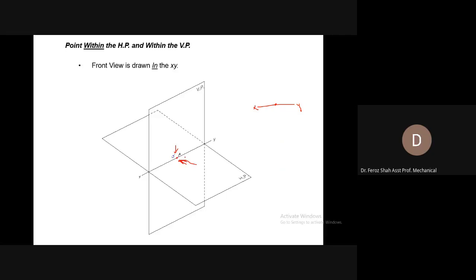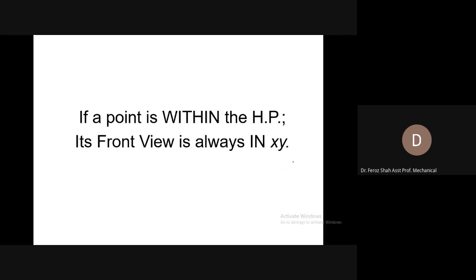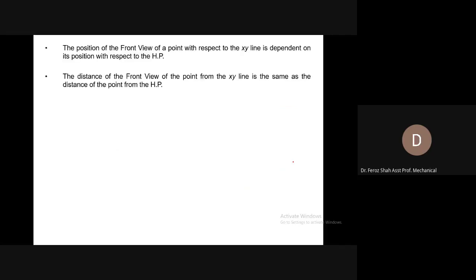So both the front view and the top view would be formed at the XY reference line, in case the point is within the horizontal plane and within the vertical plane. So if a point is within the horizontal plane, its front view is always in the XY reference line.